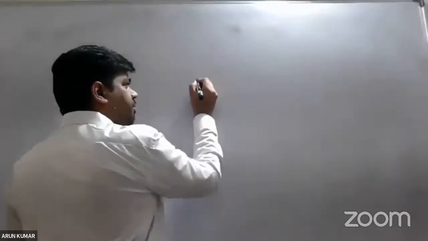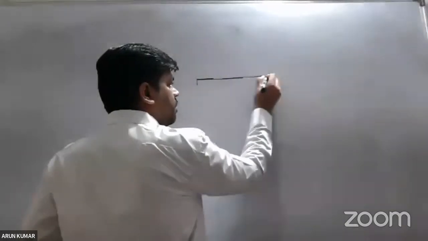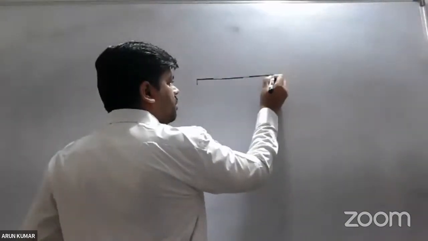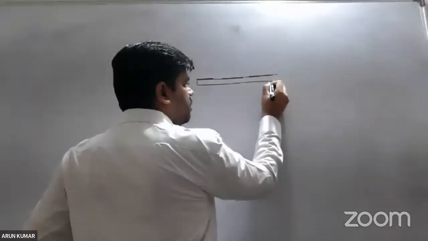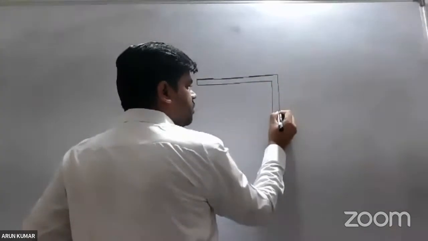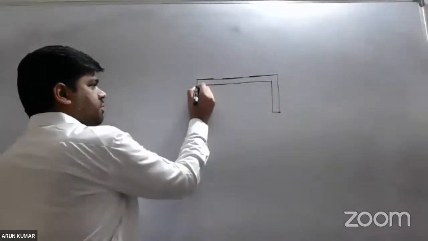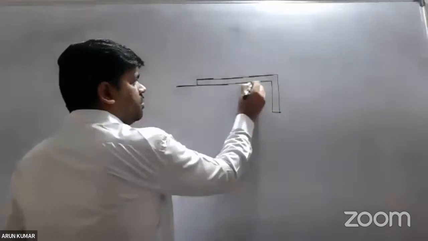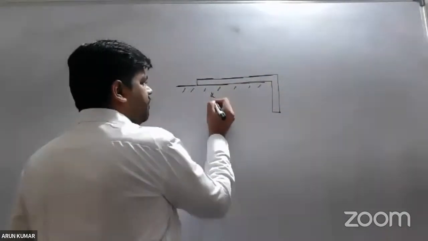Okay, I've got a rope on a frictional surface, where the coefficient of friction is mu.